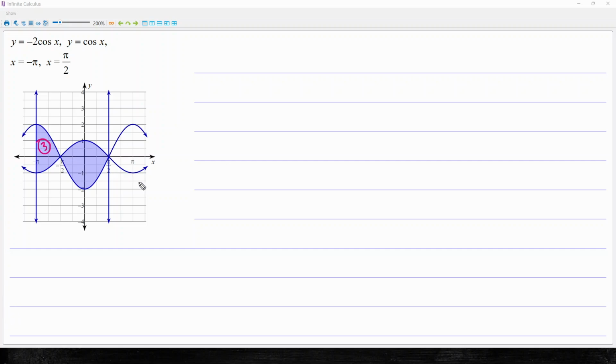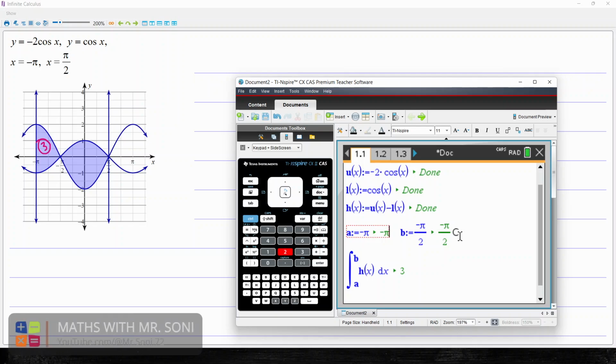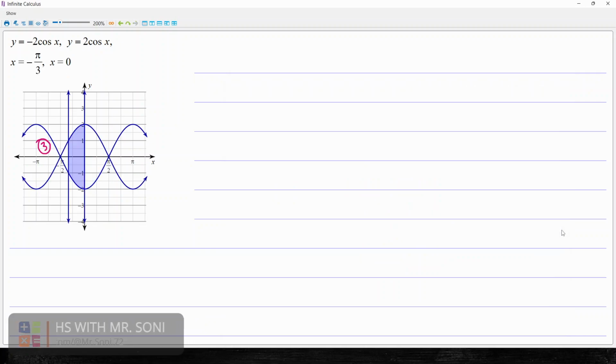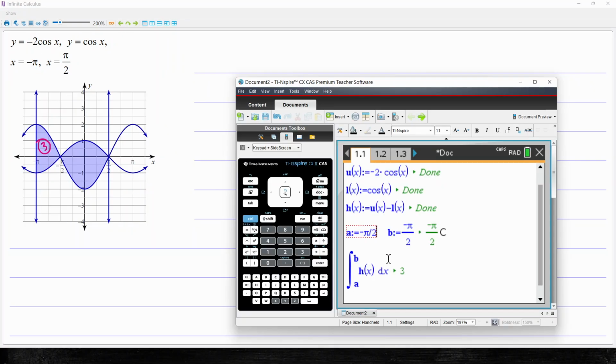And then we need to find the other area from -pi/2 to +pi/2. So -pi/2 to +pi/2.